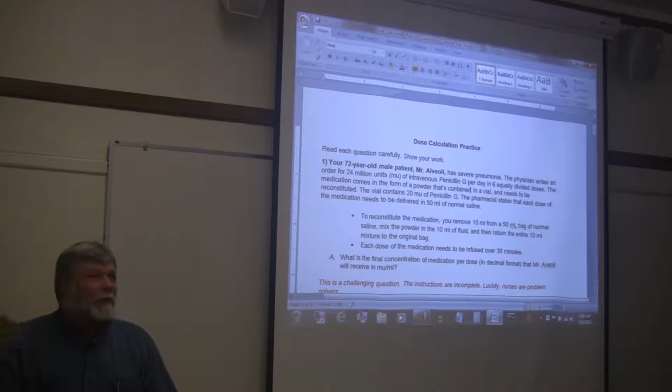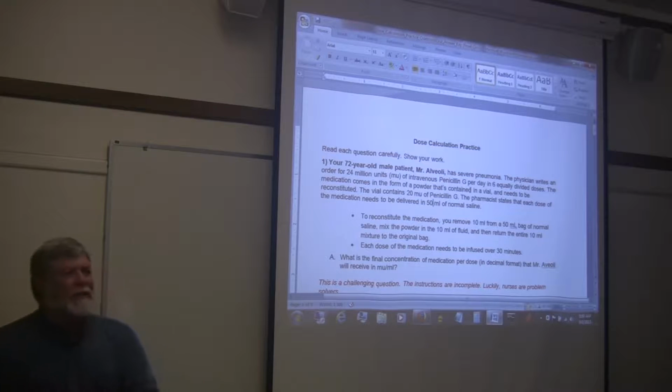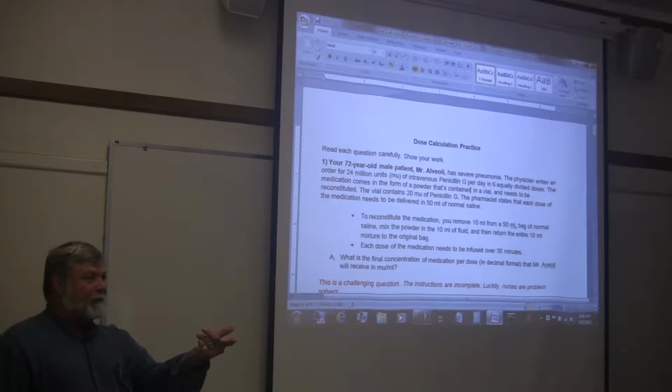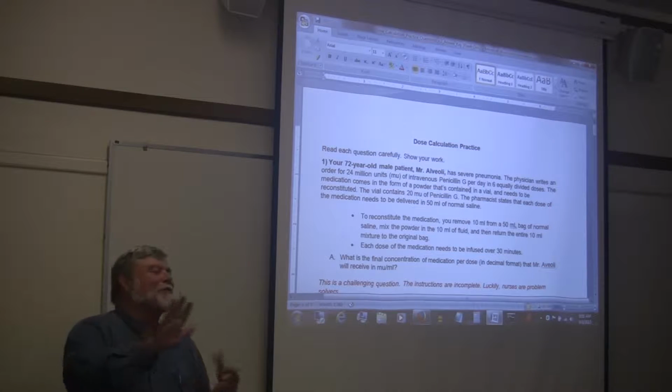Okay, so you're going to give 6 doses. So 6 into 24 million is 4 million units per dose. You've got a vial, and you withdraw 10 mLs from the bag and then replace it. Probably none of you have had this opportunity yet, or have you?